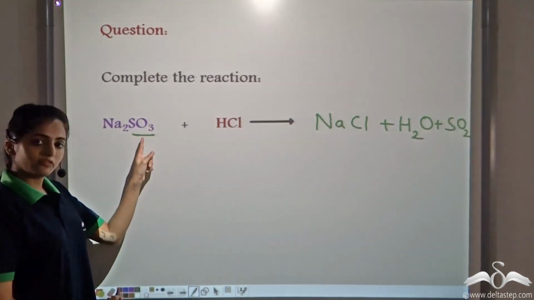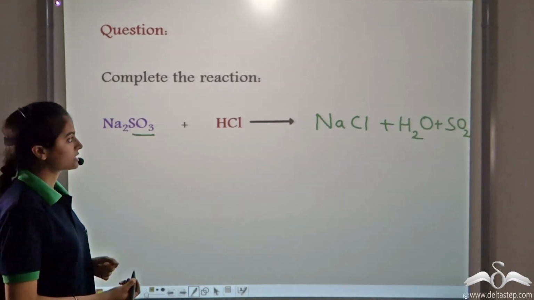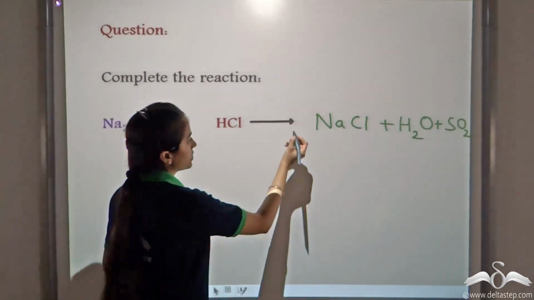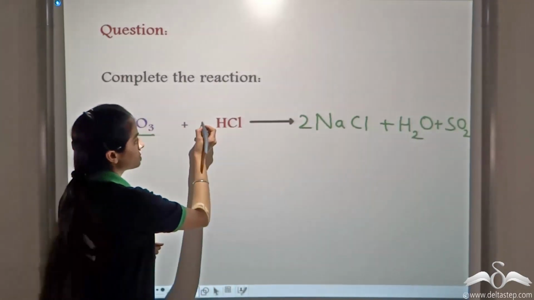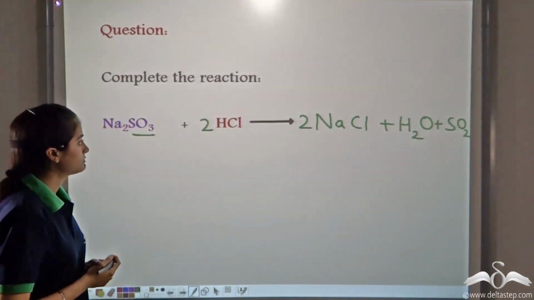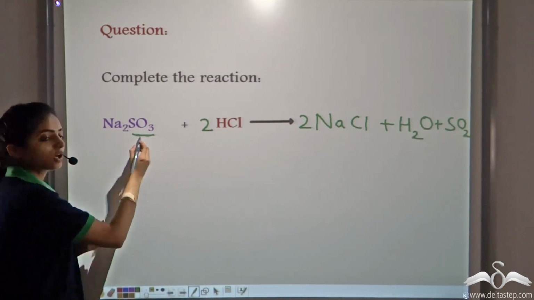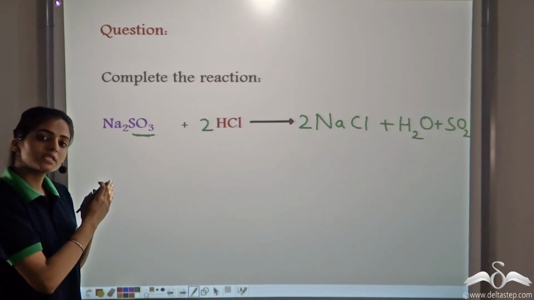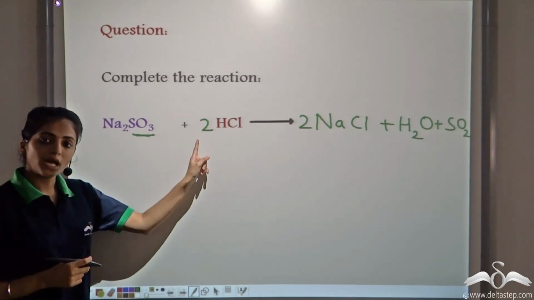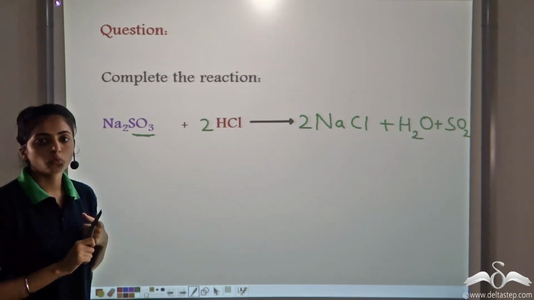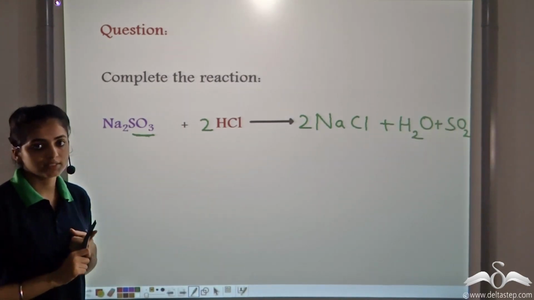So whenever we have sulfites, they release sulfur dioxide gas. So let's balance the equation. Whenever you see a sulfite or a bisulfite, the reaction of sulfites and bisulfites with acids gives salt, water, and sulfur dioxide gas.